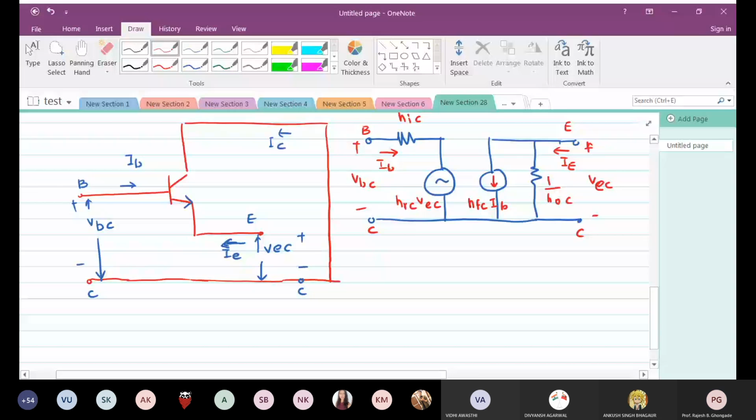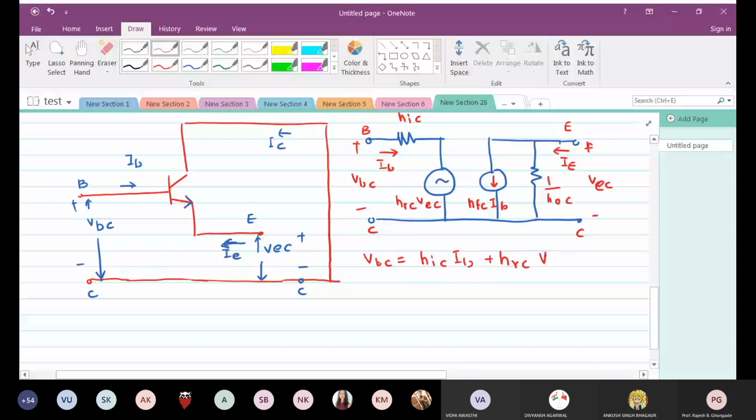Now we'll write down the equations again. Please remember that VBC will be equal to HIC into IB plus HRC into VEC.